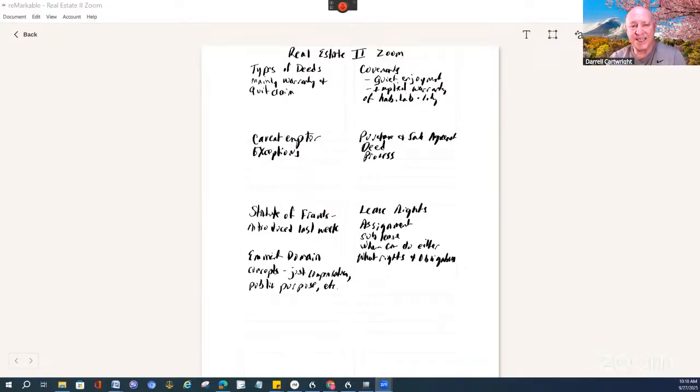What are the exceptions to caveat emptor, or are there any exceptions? Is it an absolute let the buyer beware kind of thing? You don't ask, we don't tell kind of situation. You need to know that, because I can assure you, you're going to have a question on that or two.